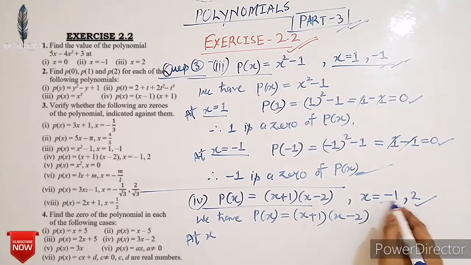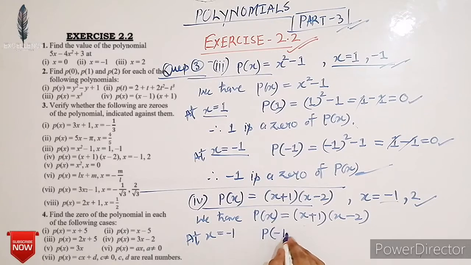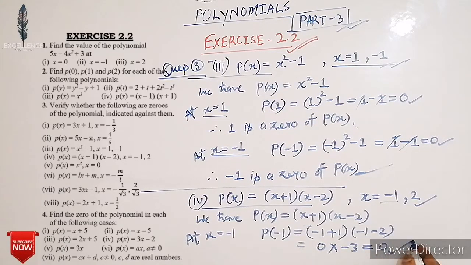At x = -1, this polynomial becomes p(-1) = (-1 + 1)(-1 - 2). Here 0 into -3 = 0. So -1 is a zero of p(x). Okay.